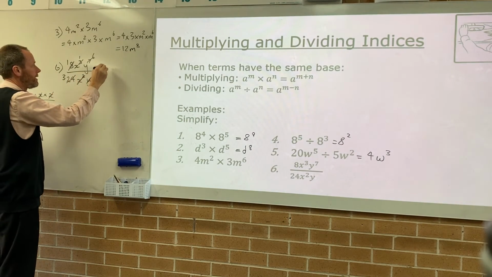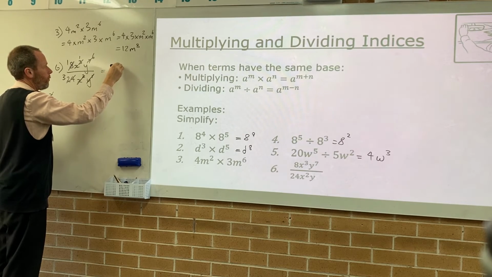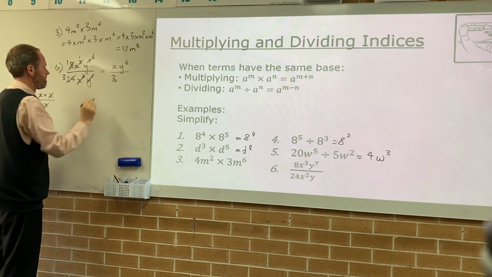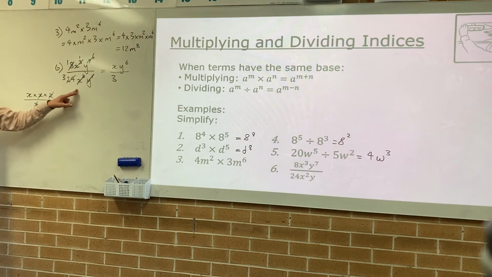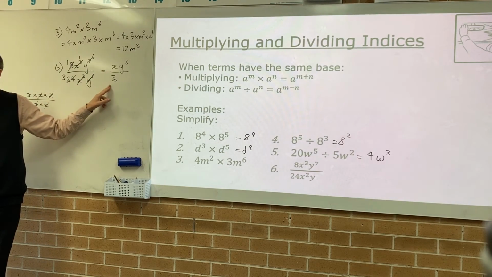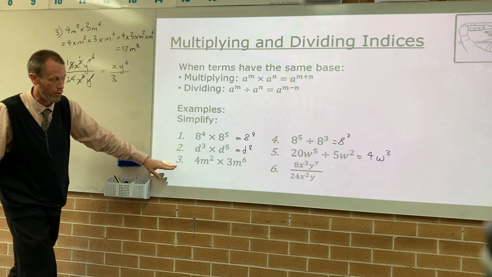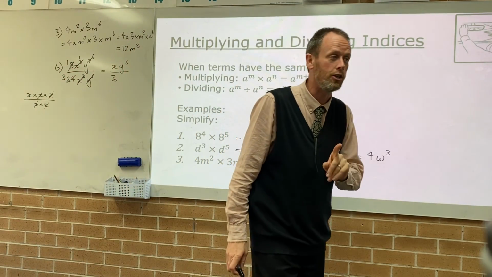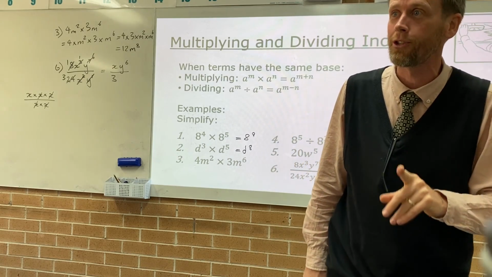So my answer here would be x, y to the 6 all over 3. Because the x squared and the y to the power of 1 are cancelled out altogether. Okay? So that's how we get to that. You can use this to make these questions much quicker. But the key of course, year 9, is you need to practice, practice, practice.